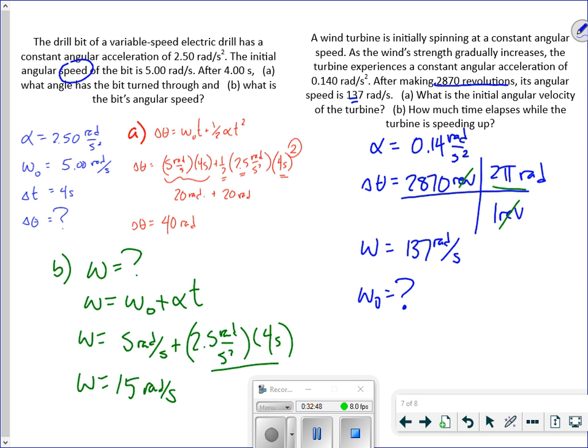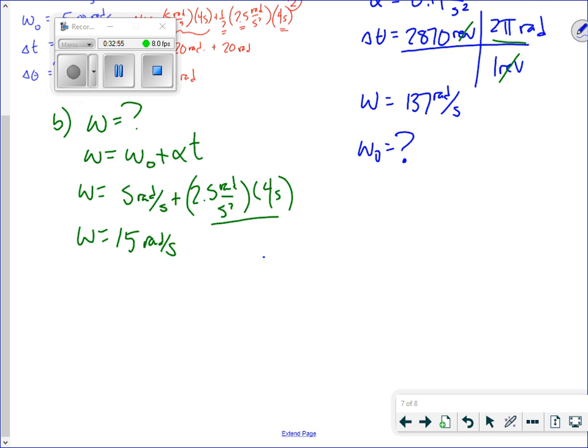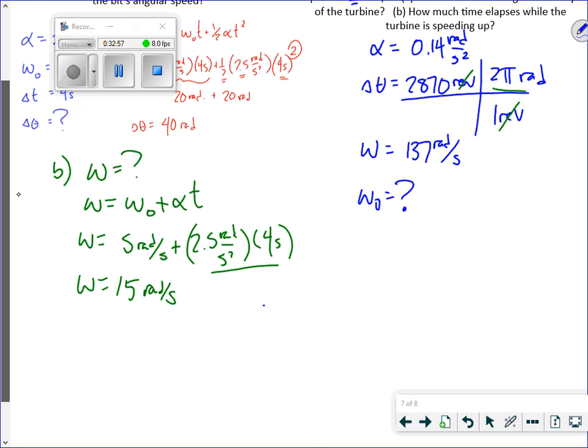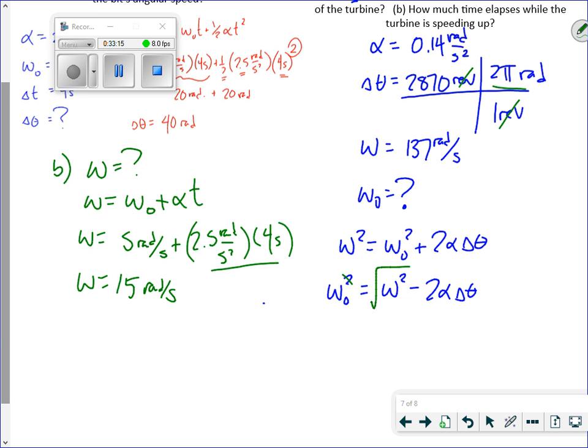Question? So, here, an equation that has these 4 things in it, well, that's omega squared is omega naught squared plus 2 alpha delta theta. And we're looking for omega naught. So omega naught squared is omega squared minus 2 alpha delta theta. Or, there's a square root to do.